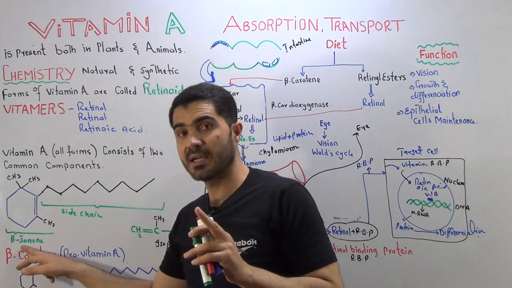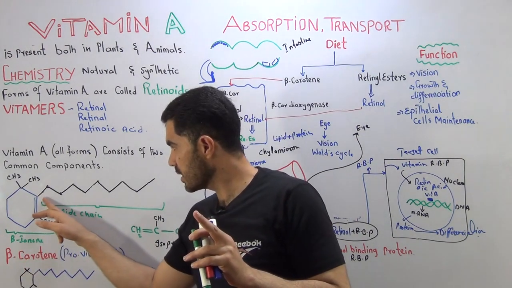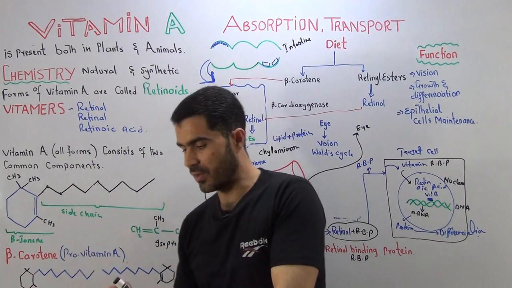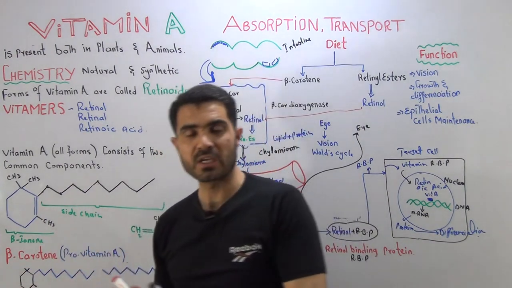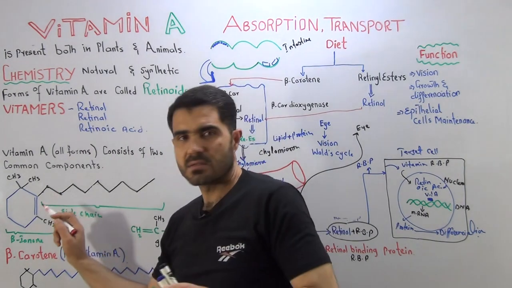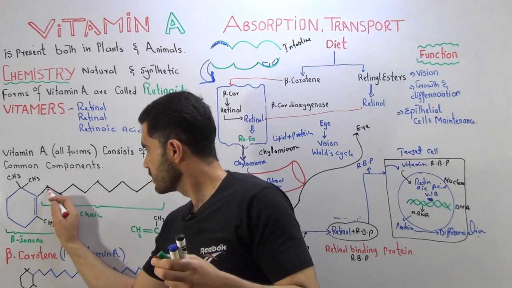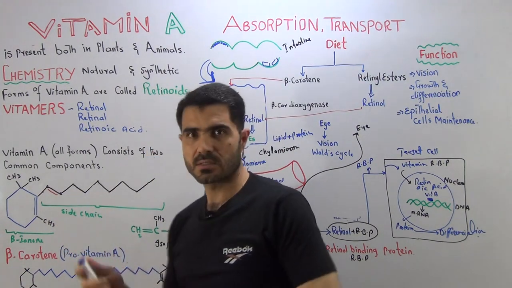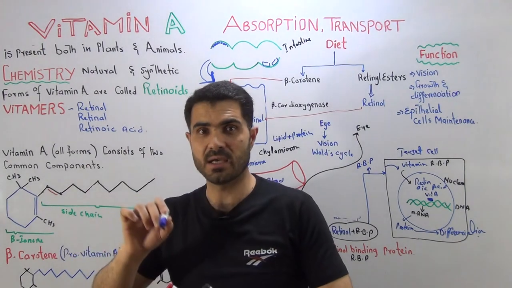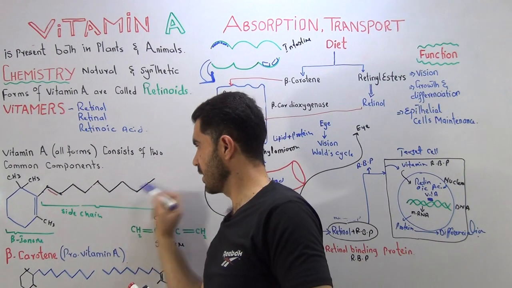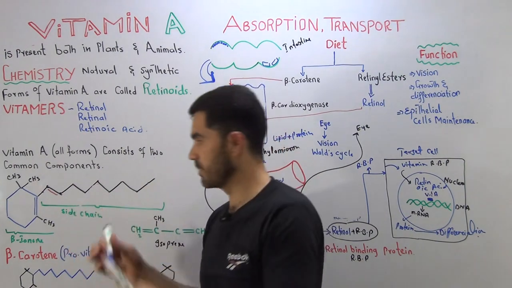This structure is called beta ionone, and there is a long side chain, and this side chain contains 4 double bonds. Don't worry, just memorize it. If you want to write it, you can just go up and down 9 times: 1 2 3, 1 2 3 4 5 6 7 8 9. So it's a nice side chain.